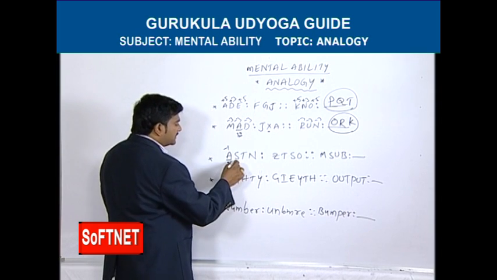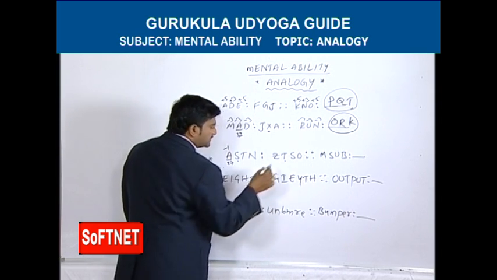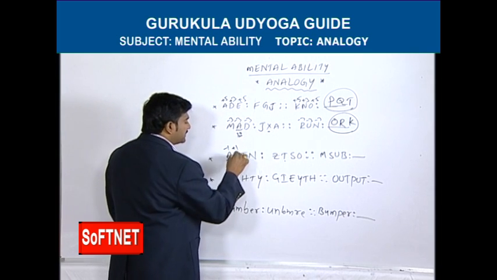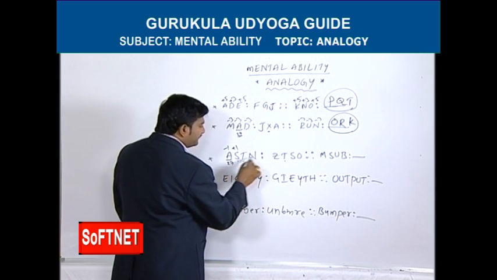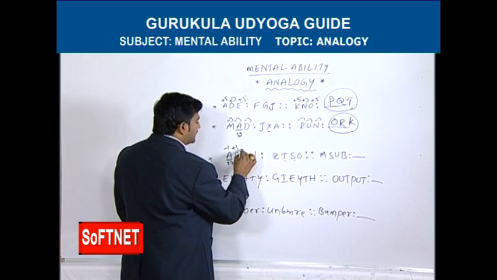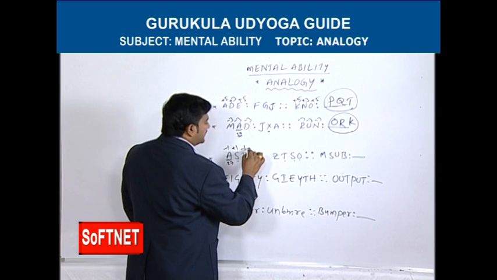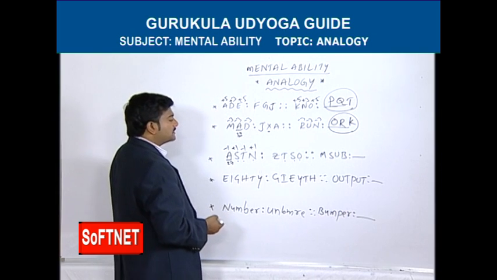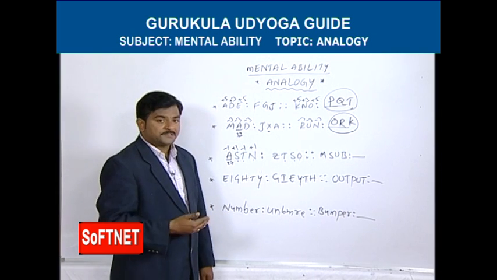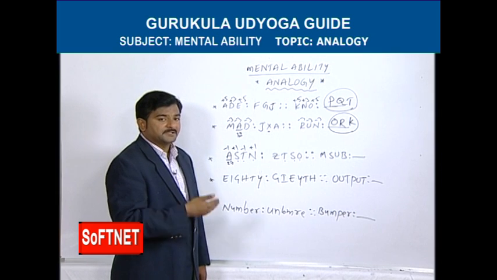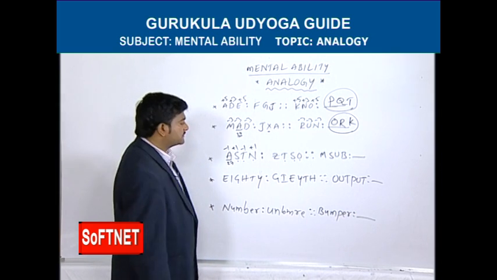And similarly 19 is written as 20, which means plus 1. 20 is written as 19, minus 1. 14 is written as 15, again plus 1. The concept involved in that question is minus 1, plus 1, minus 1, plus 1 and so on.